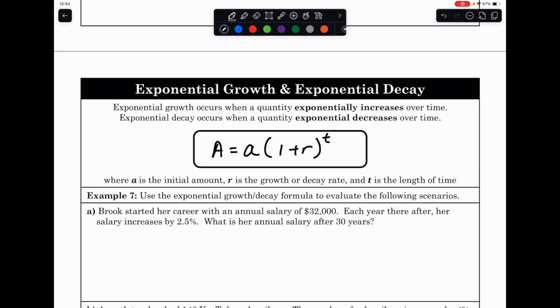Unlike lines that have a constant rate of change, these have a proportional rate of change. So the value between one y value to the next is growing or decreasing by the same scale factor, by the same proportional value. So like if we're doubling, let's say, the amount of ants in a colony, it doubles again every 6 months.